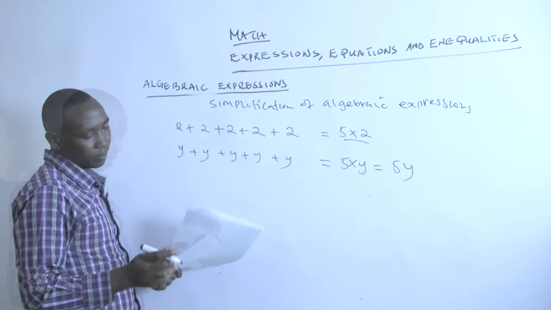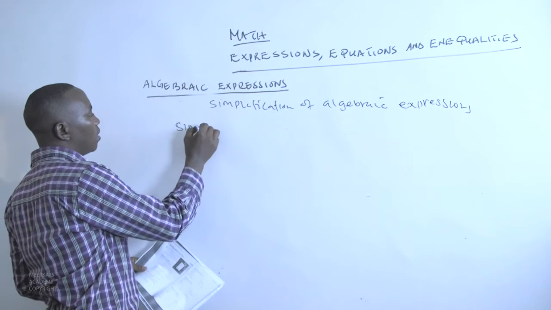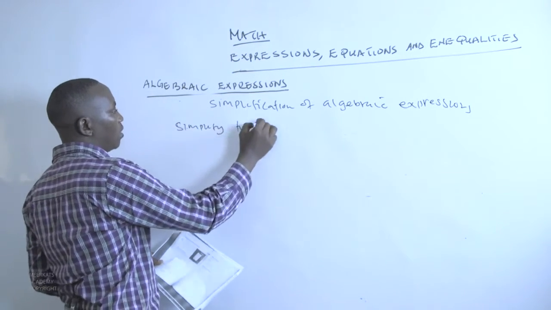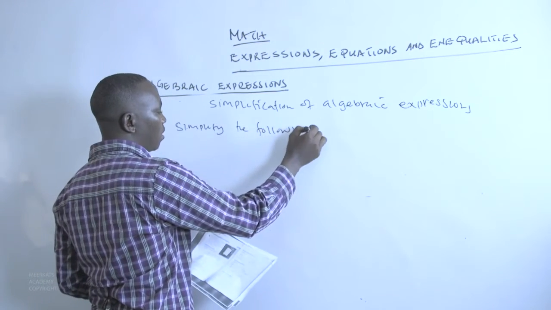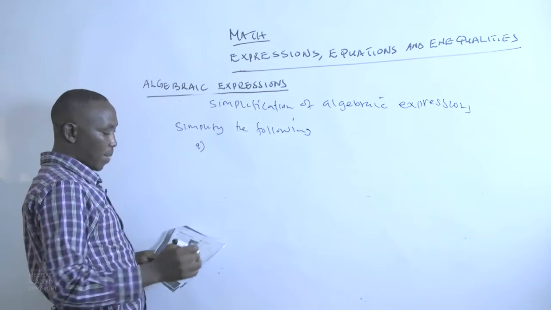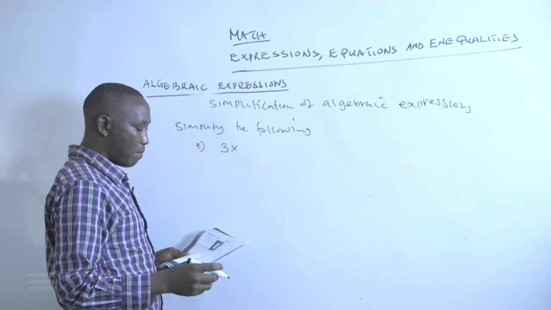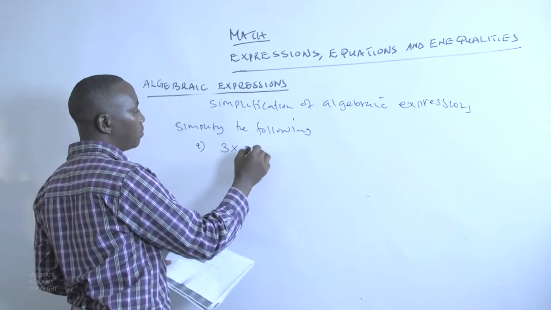Example, simplify the following: a, 3 multiplied by 2b.